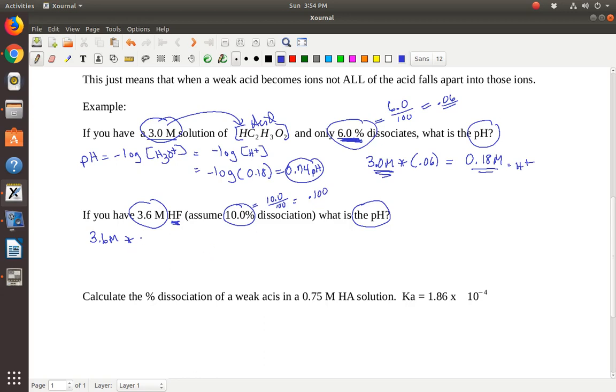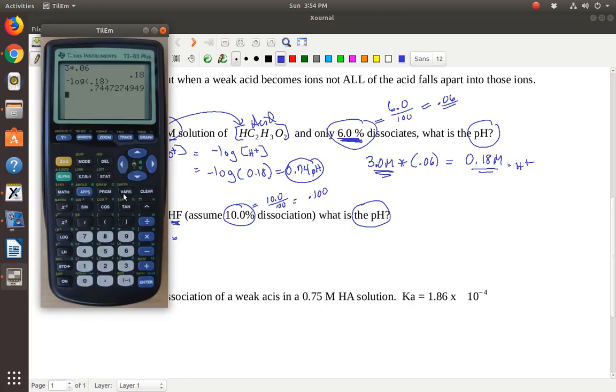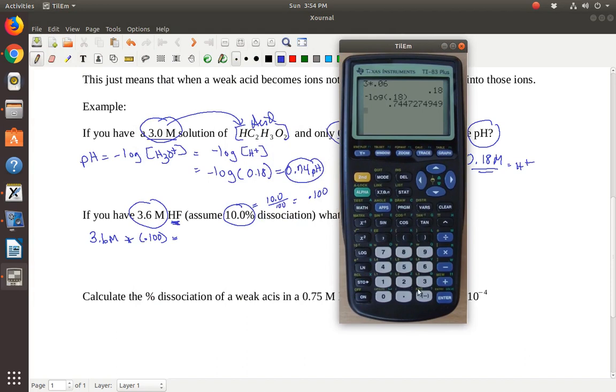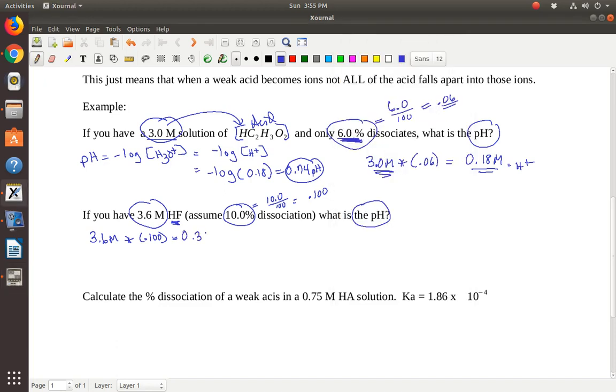That's the decimal form. Multiply by the decimal form. So what do I get then? 3.6 times 0.1. I get 0.36. So 0.36. That's the molarity of this acid that actually falls apart. It's not a lot.